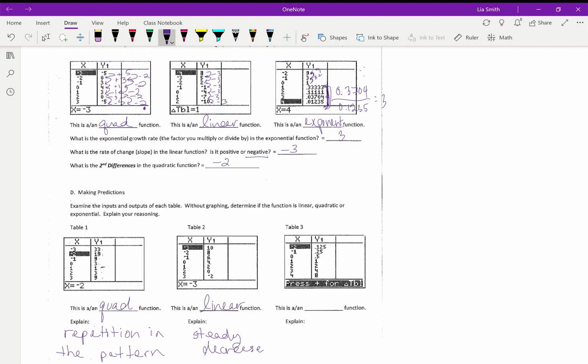And then here, these aren't quite as crazy as the first one, but I'm seeing a bunch of really, really small fractions as my x values are negative. So it's approaching 0. It's never going to touch 0, but it's approaching 0. So that tells me that this is definitely an exponential function.